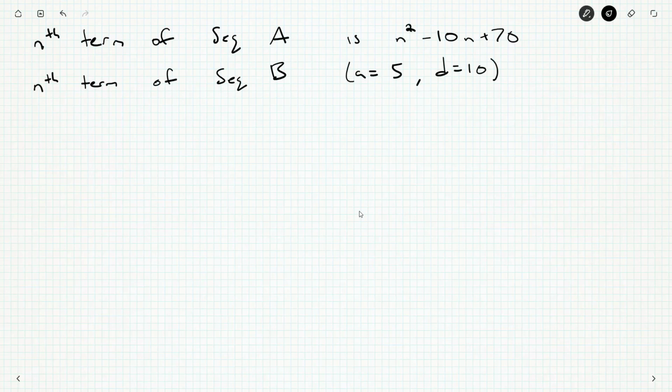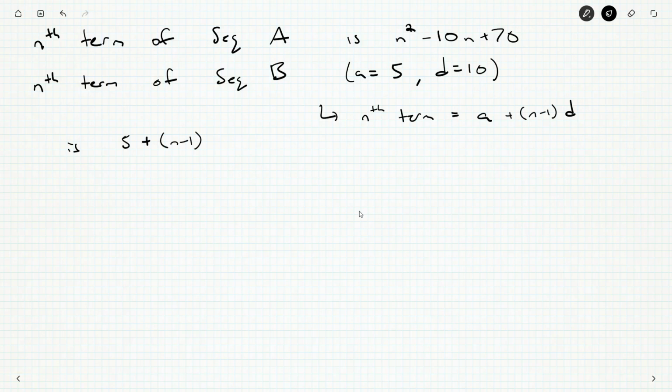And all arithmetic sequences have the same style for their nth term. They're always a plus n minus 1 times d. So the nth term of sequence B with an a of 5 and a common difference of 10 is 5 plus n minus 1 times 10. And we can clean that up a little bit to be 10n minus 5.